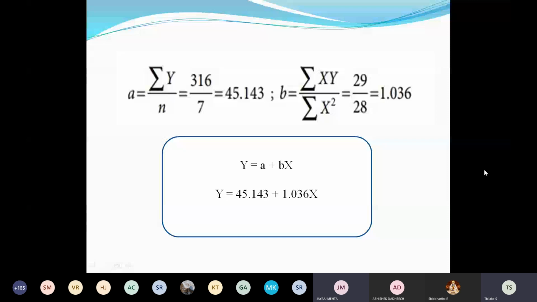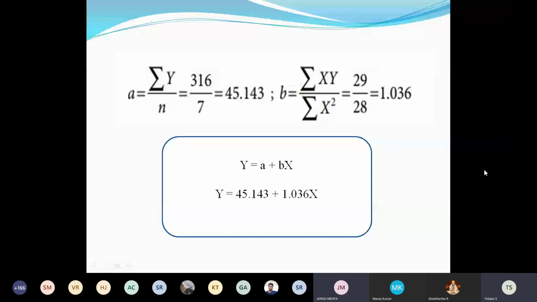This is the trend line equation. After calculating the values, if such problems are given in your written examinations, after calculating the values for the constants a and b, you have to substitute these values on the straight line equation like this. If you have done the table correctly, found all the values correctly and got the correct answer for the constants a and b, but you forgot to substitute, your marks will be reduced.